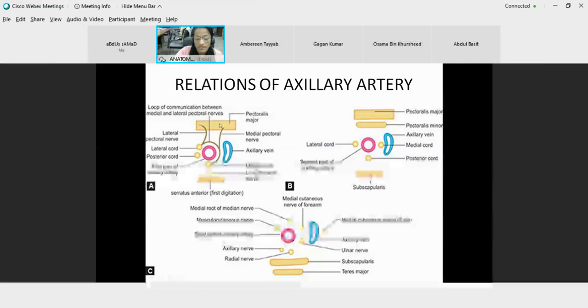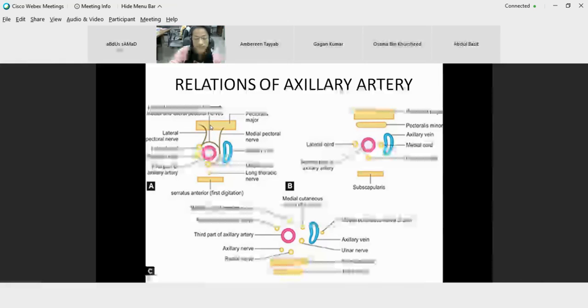So coming to the relations of the first part of the axillary artery, anteriorly you can see this is the pectoralis major muscle. Where is the pectoralis major muscle present? In which region? Pectoral region, ma'am.